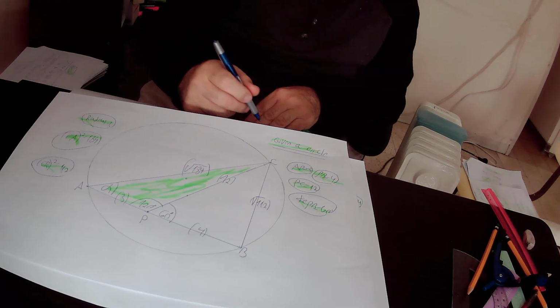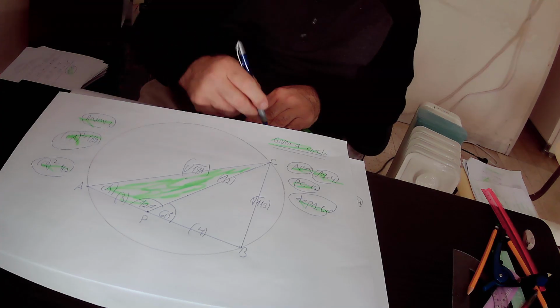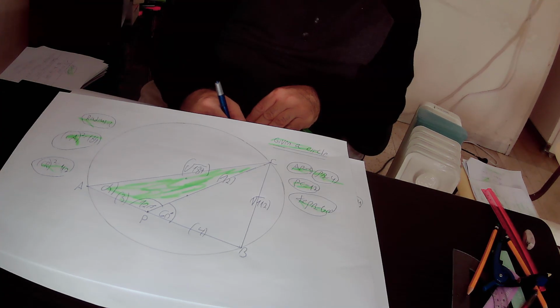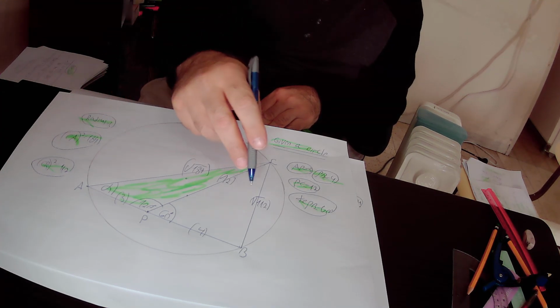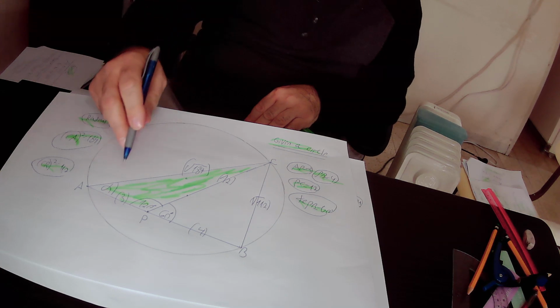CB squared equals CA squared plus AB squared minus 2 times CA times AB times cosine alpha.